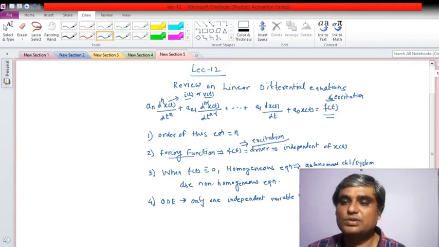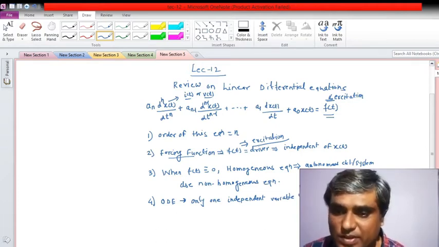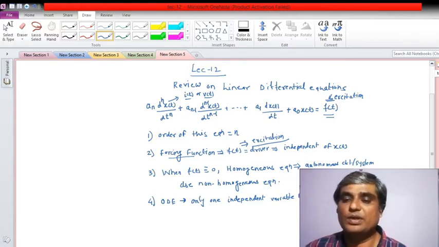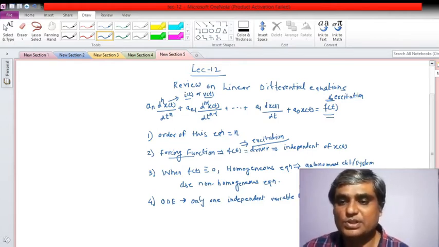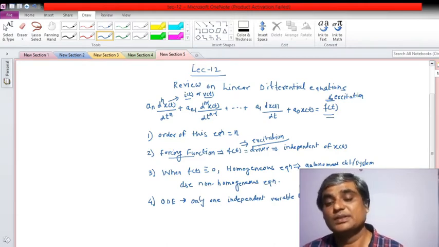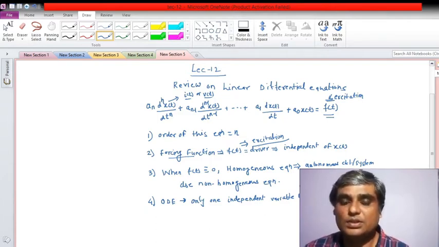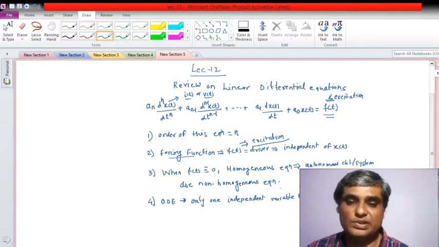In circuits or networks also, whatever equations we have written consist of only one independent variable, which is t, because voltages and currents are all time varying variables. So we would like to know how to solve the ordinary linear differential equation. There is no question of partial differentiation.